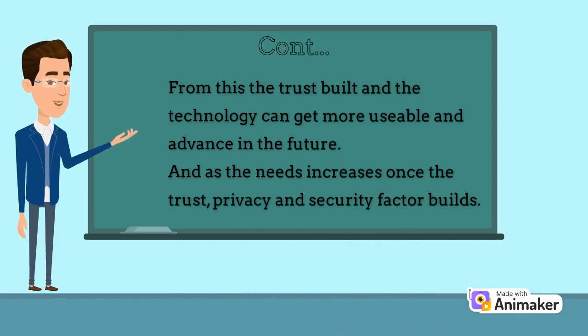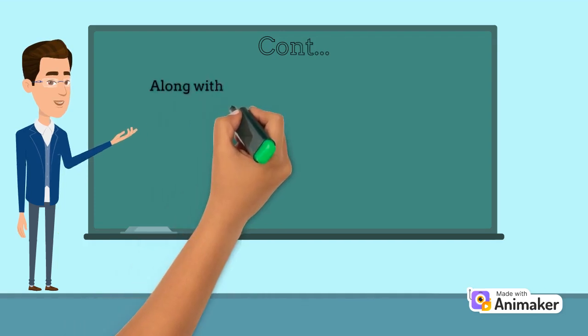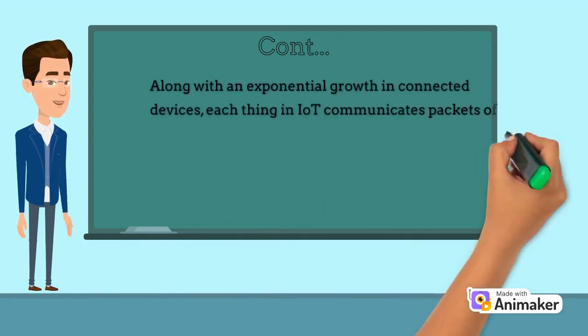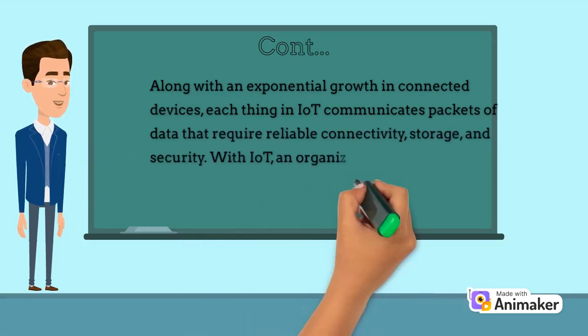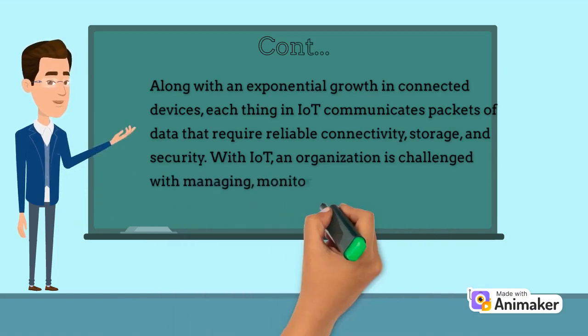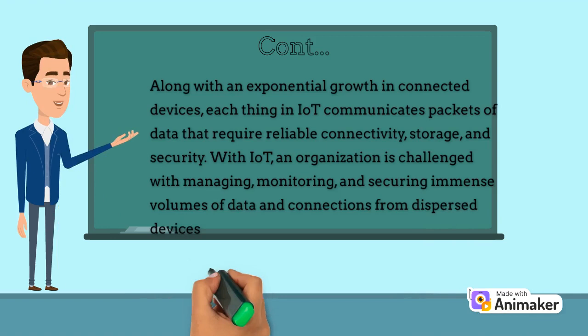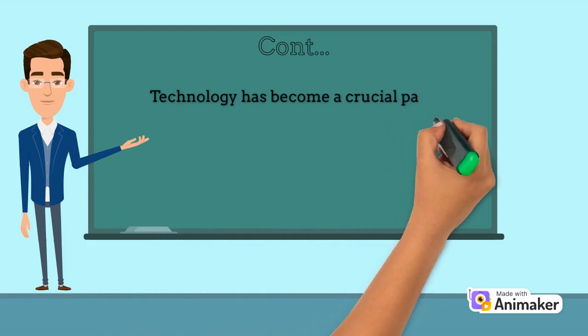And as the needs increase, once the trust, privacy, and security factors are built, along with an exponential growth in connected devices, each thing in IoT communicates packets of data that require reliable connectivity, storage, and security. With IoT, an organization is challenged with managing, monitoring, and securing immense volumes of data and connections from dispersed devices.